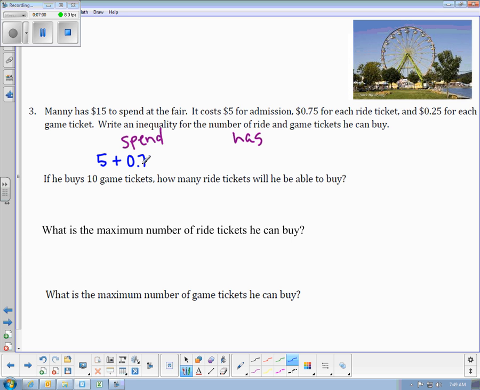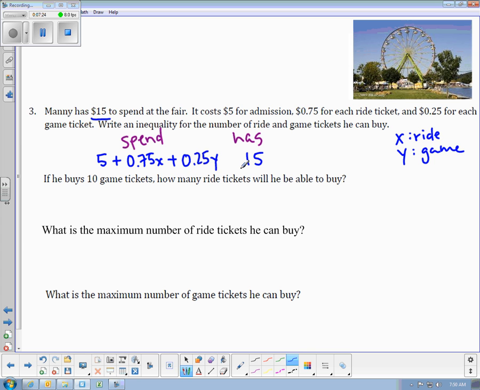So 0.75, we'll call it X. And actually, I should probably name my variables. X will be my ride tickets, and Y will be the game tickets. So 75 cents times each X, then plus 25 cents times each Y. He has a total of $15.